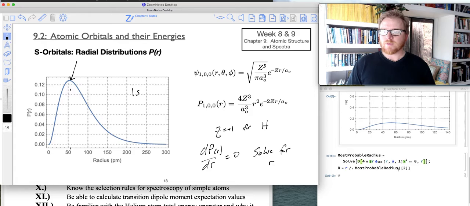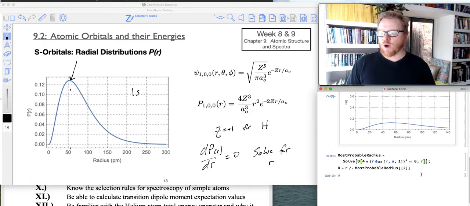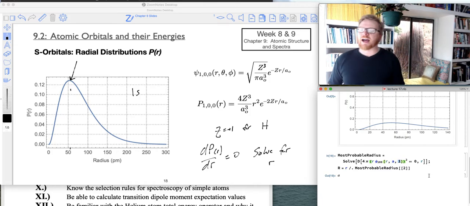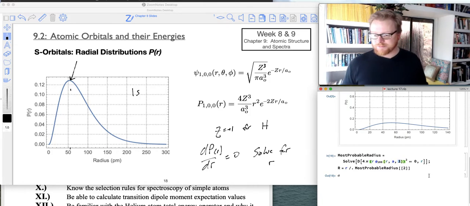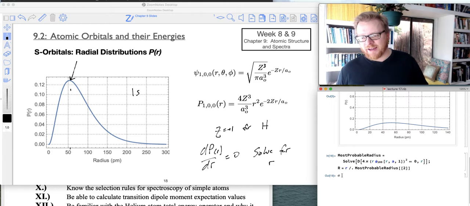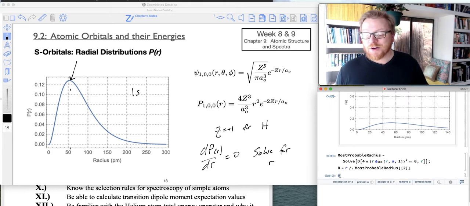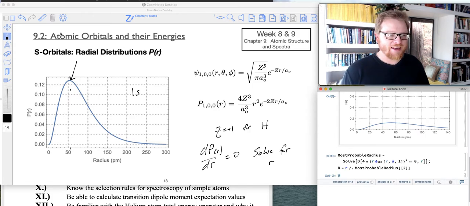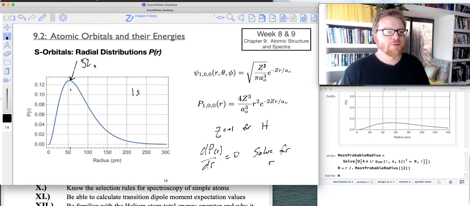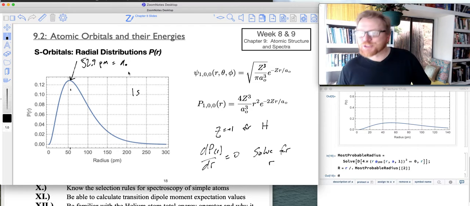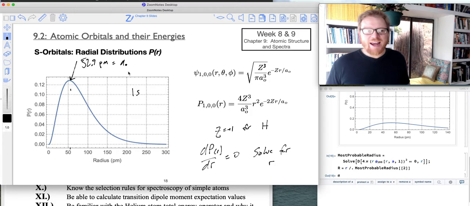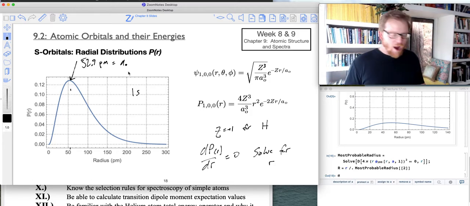I've set that equal to 0, and I'm solving for r. And on my code right here, that number 1 that I've highlighted, z is equal to 1. And check it out. We get a for the Bohr radius. Very cool. So that peak is, in fact, 52.9 picometers.